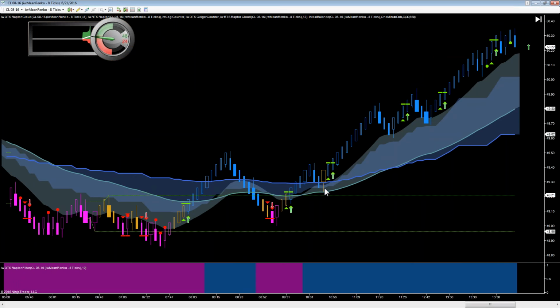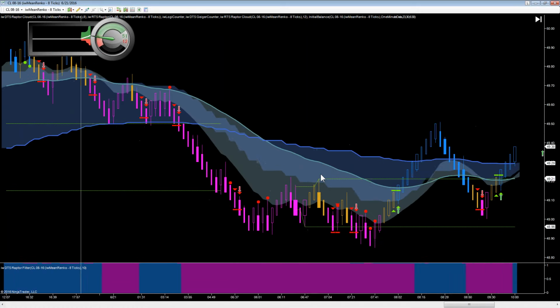The cloud crossover signal occurs when the clouds cross over. See, that wasn't hard. When the clouds cross over, we anticipate the market's going to retreat into the cloud and that the cloud is going to offer some support to the new direction. And when it comes out of there with a signal, that's a signal that we're interested in taking. That tends to be a high probability signal.